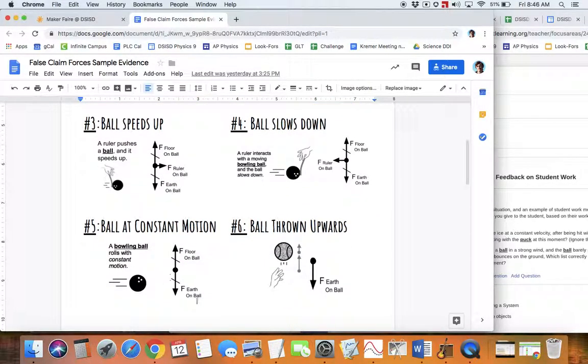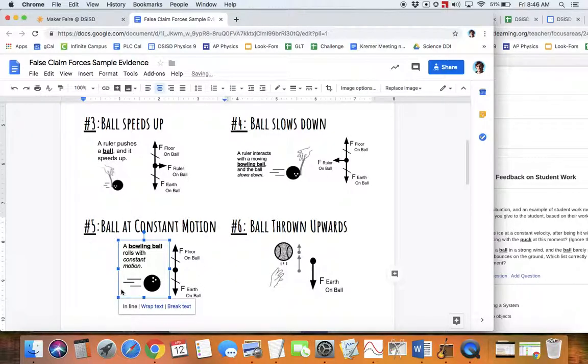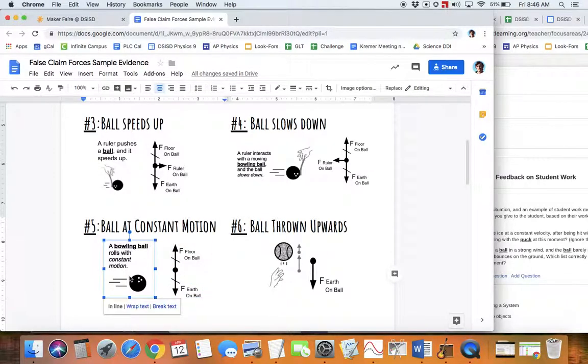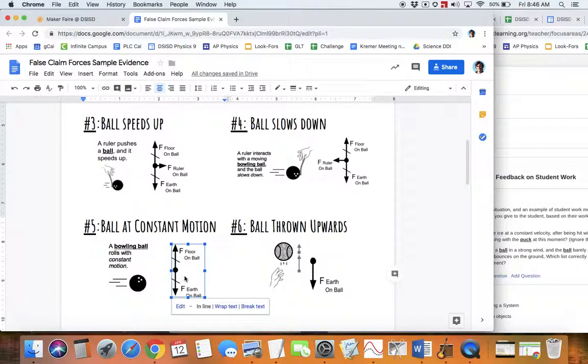Looking down here, it looks like this ball that's moving at constant motion does show motion, but the force diagram does not show an arrow pointing forward. This is a correct force diagram for an object moving at a constant speed.